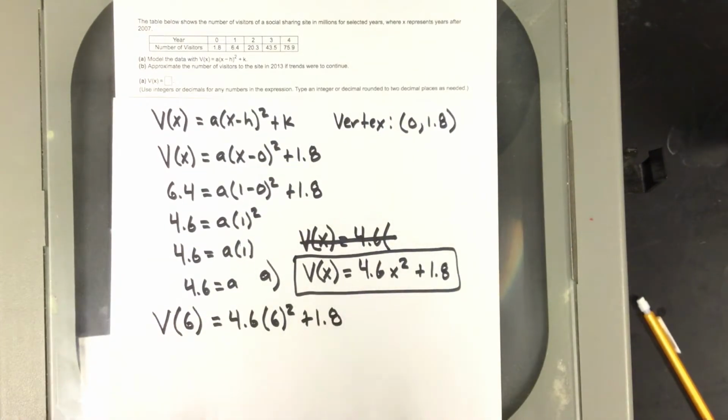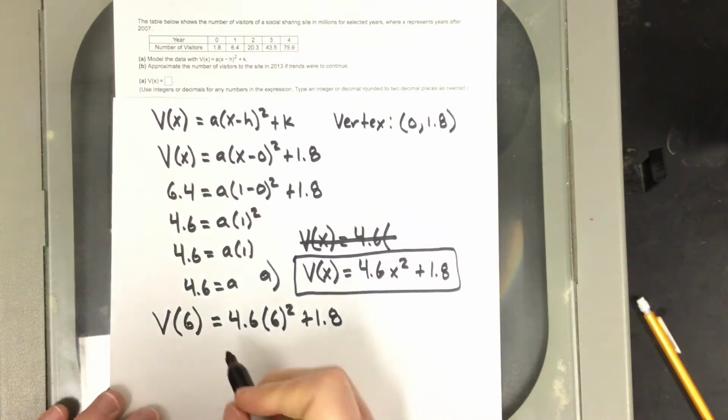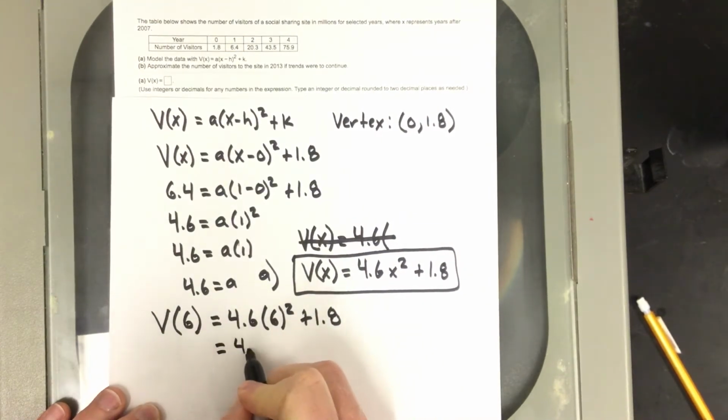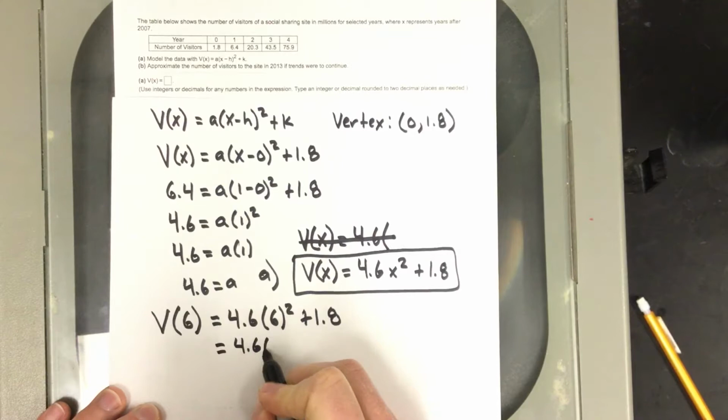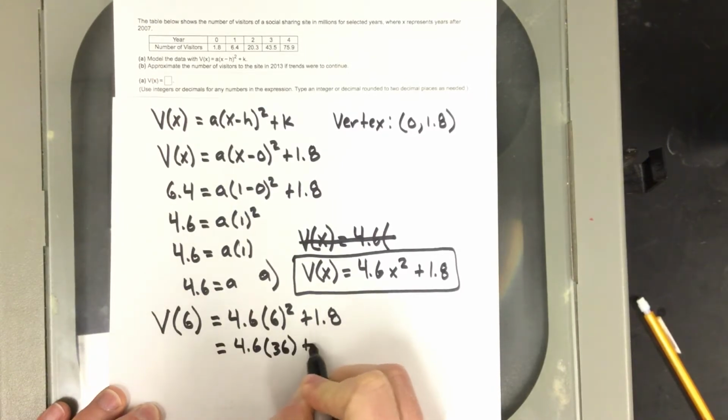So then I'll use the calculator: 4.6 times 36 plus 1.8.